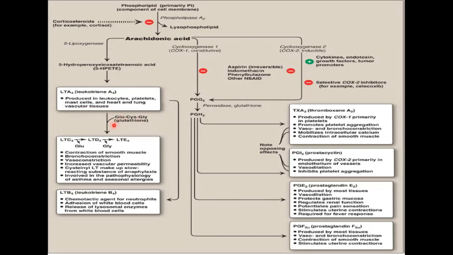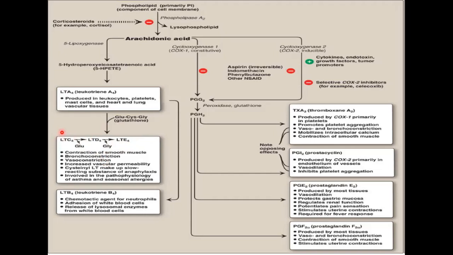Then, by the action of leukotriene C4 synthase, glutathione is added to leukotriene A4 to form leukotriene C4. Then, the glutamate is removed from C4 to form leukotriene D4. Then, a glycine is removed from D4 to form leukotriene E4.